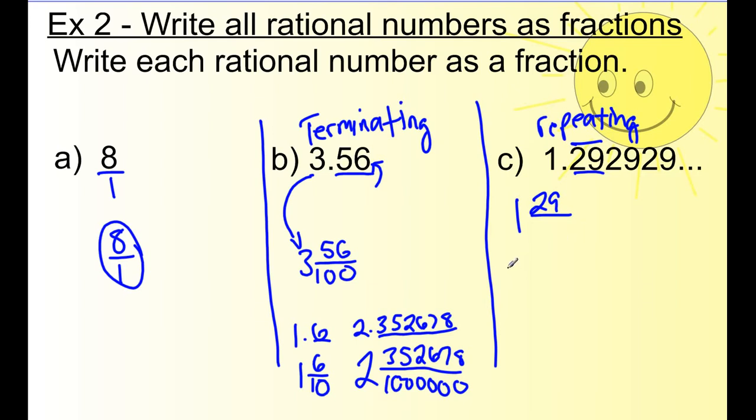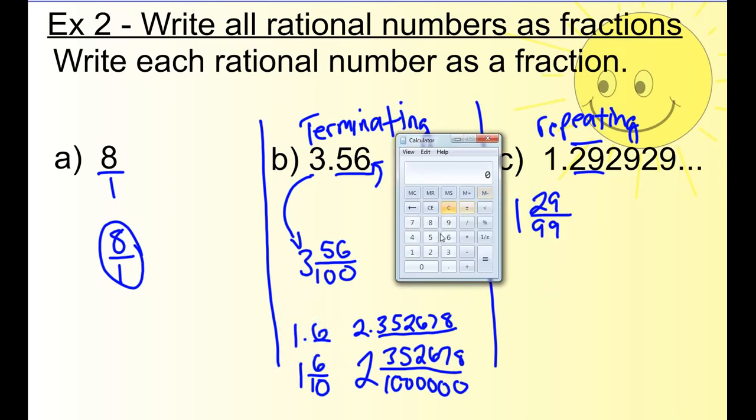Now, instead of putting a multiple of 10, see, 10, 100, that's a million. Instead of putting a multiple of 10 on the bottom, you're going to put something like 9 or 99 or 999. In this case, because there are two numbers on top, I put 2 9s down below. Let's check.